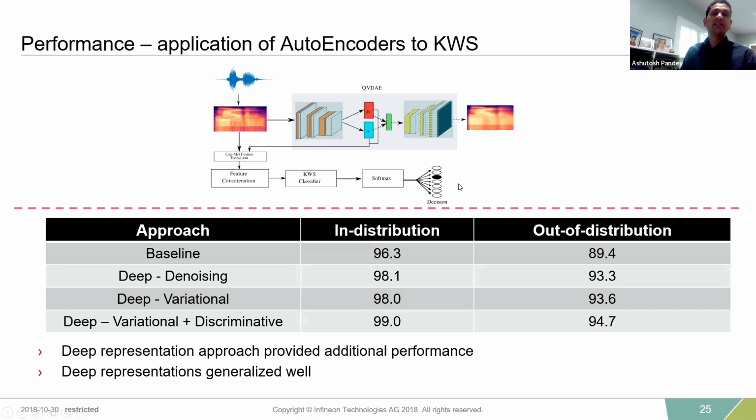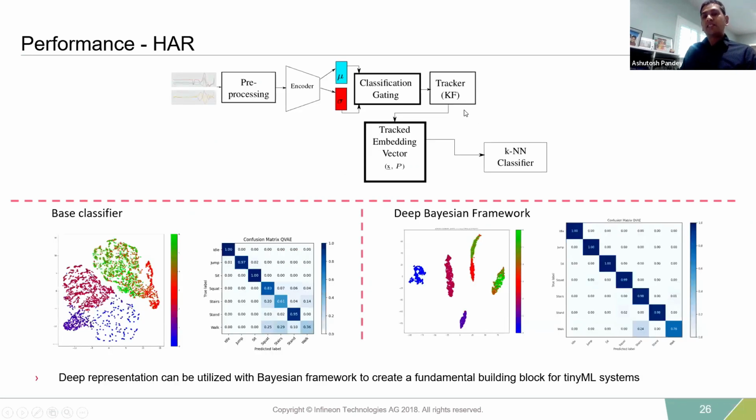It generalized well. Here is a small snippet, and like I said, there is a detailed study in a paper. Overall, this turned out to be a very good compromise for creating something that's tinyML friendly but generalizes well.